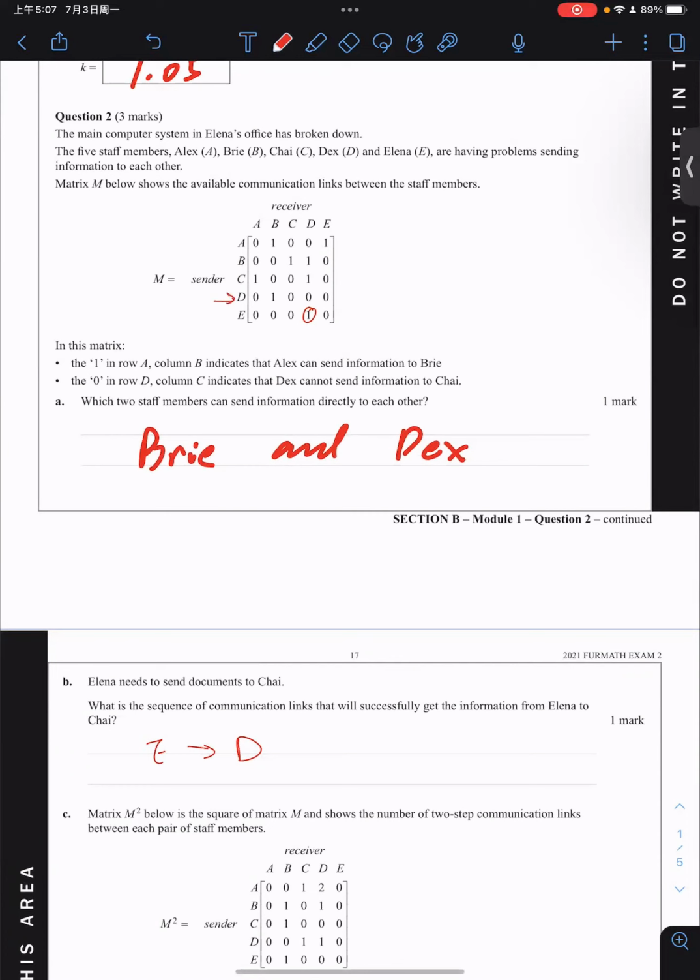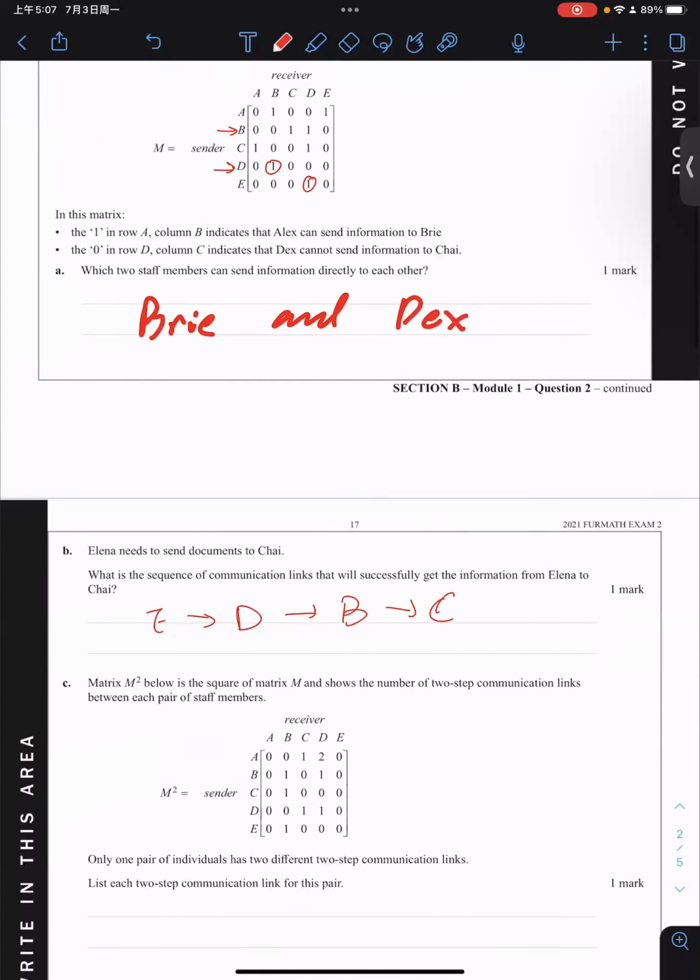Then we look at the row D, which means the sender is Dex. Now, who can Dex send to? Dex only has one person he can send through, which is Bree. So we can send to Bree. Let's read the second row. Bree can now send to two persons, Chai and Dex. Who we need is Chai. So the total and correct sequence is from Elena to Dex to Bree, and then finally Chai.